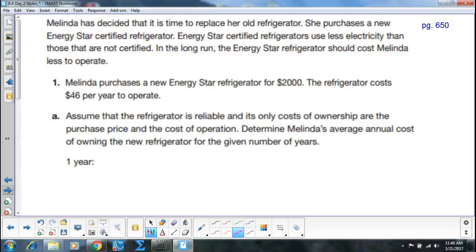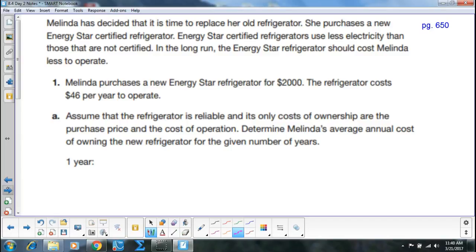Okay, and then it says when you buy big appliances like this, and especially when they're Energy Star, they'll tell you how much money it's going to cost you to operate it. Okay, how they can figure that out, I don't know, but there's usually kind of like a guide as to that. So it's going to cost her $46 per year to operate it. Okay? So assume that the refrigerator is reliable and the only cost of ownership is plugging it into the wall and keeping your Gatorades cold and your ice creams frozen.